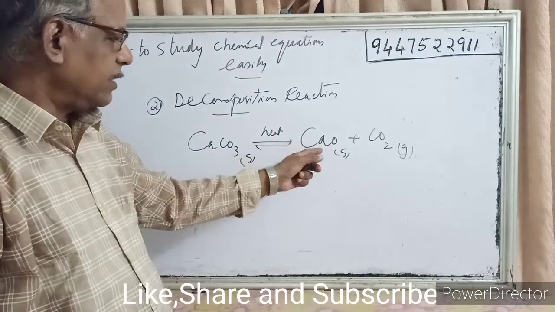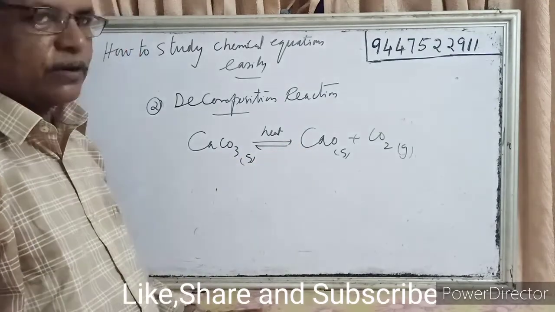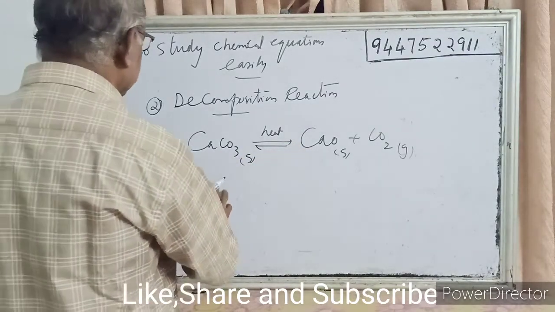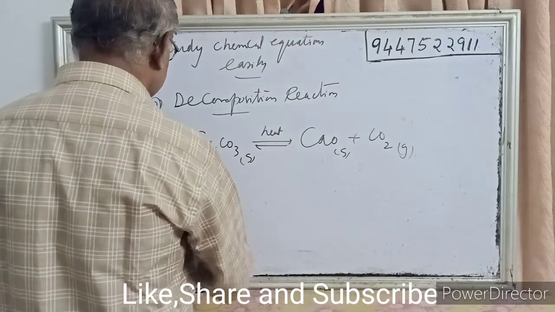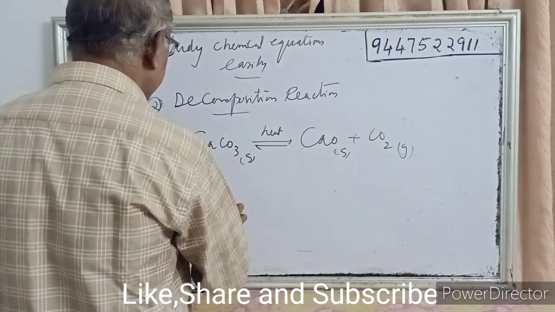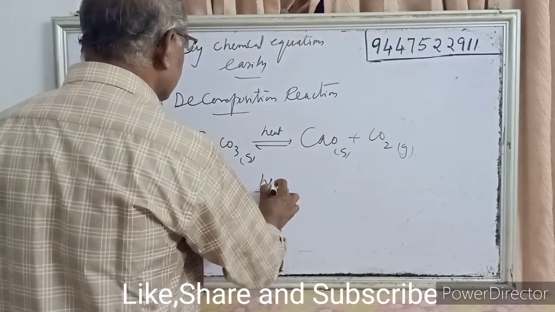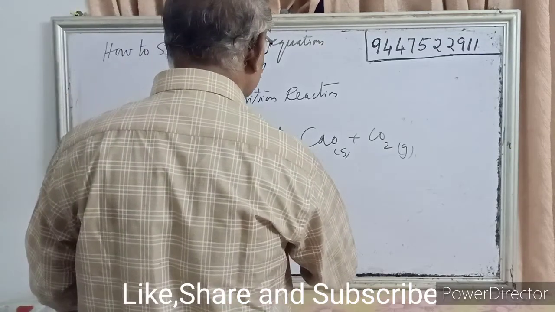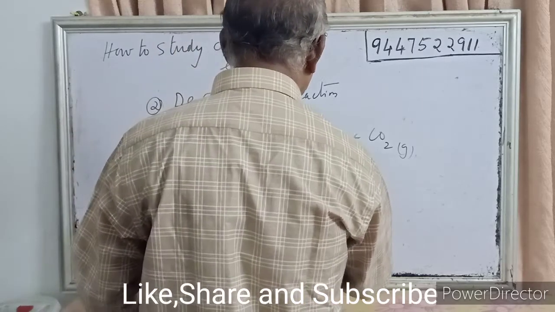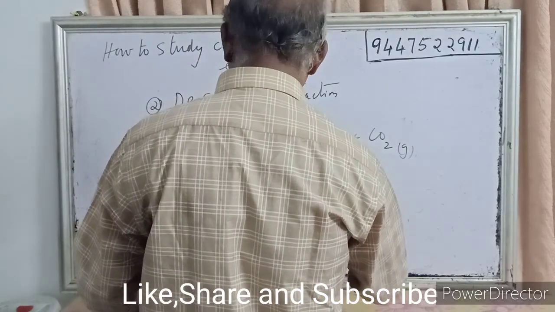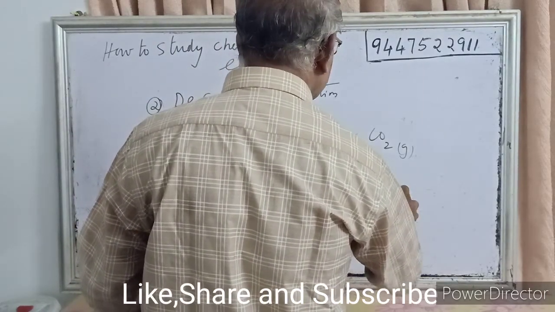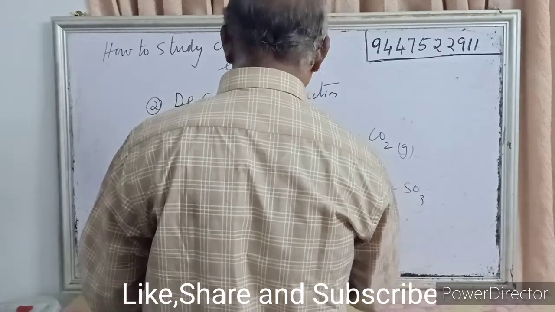Calcium carbonate on heating gives calcium oxide plus carbon dioxide. Then another example, that is ferrous sulfate on heating gives ferric oxide plus sulfur dioxide plus sulfur trioxide.